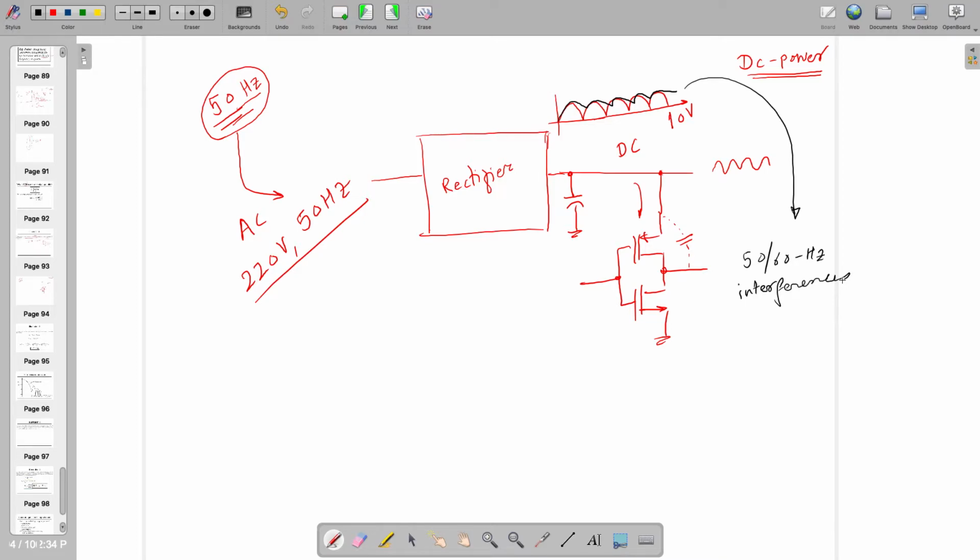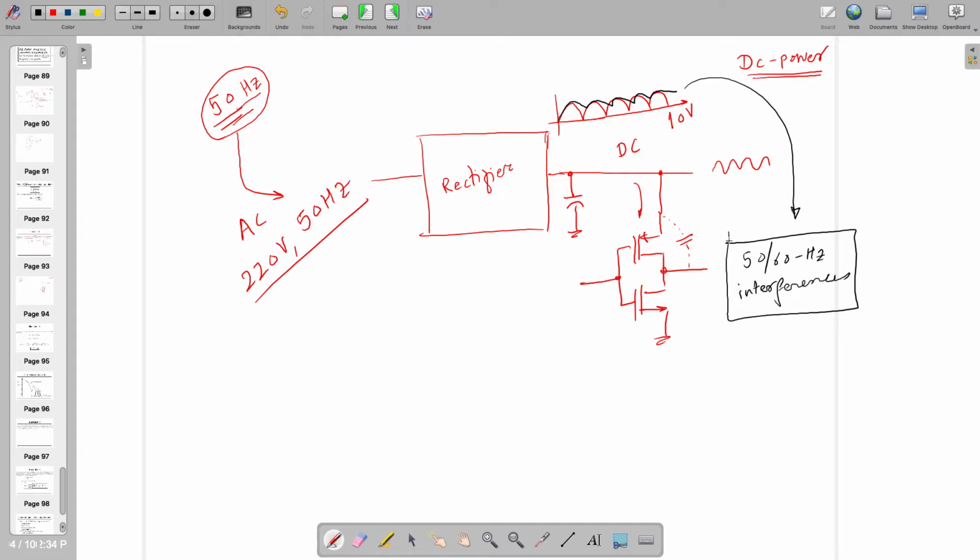The AC signal is at 50 hertz, and we are converting that AC signal to DC, and the fluctuations in the DC depend on the switching frequency of the DC converter. So it shouldn't be exactly 50, you are saying. Yes, it may be 100, but even though it's 100, the general name of that interference is 50 or 60 hertz.